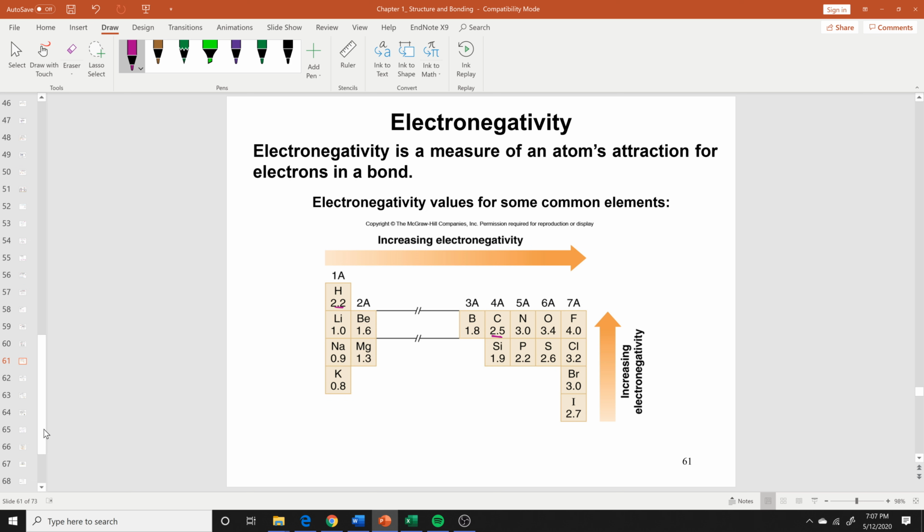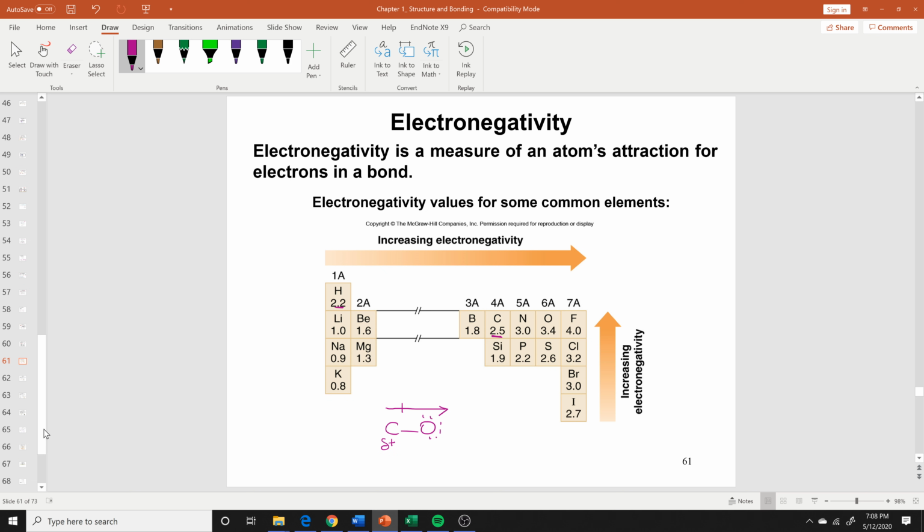The electronegativity includes the direction of polarity. It's the direction in which electrons are moving. So if you have a carbon and an oxygen, you can see that oxygen is more electronegative than carbon. Then the direction of the movement of electrons is going to be from the carbon to the oxygen. The carbon is going to lose electrons and become partial positive.